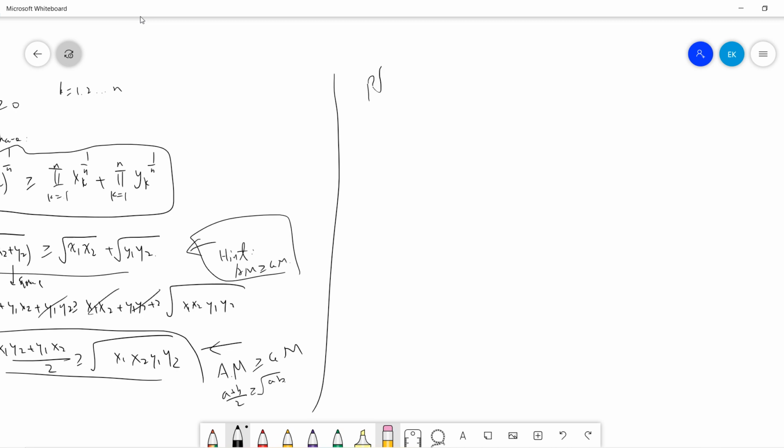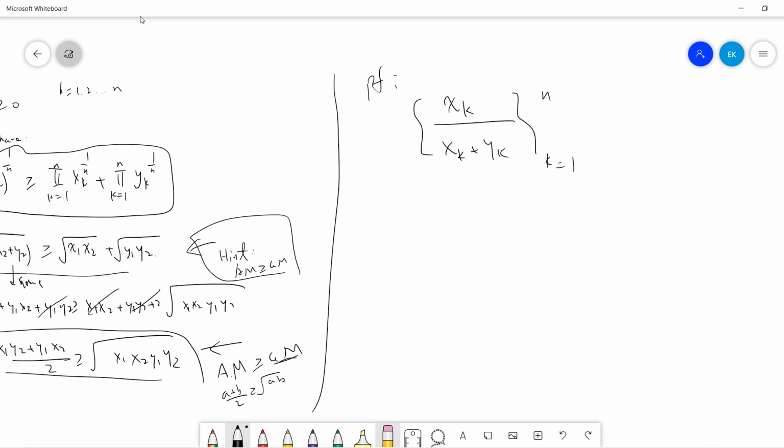Okay, so let's prove it. Let me remind you: the geometric mean means that you take the product of a lot of things, and the arithmetic mean means you add them and divide by n. Let me consider this sequence, k from 1 to n.